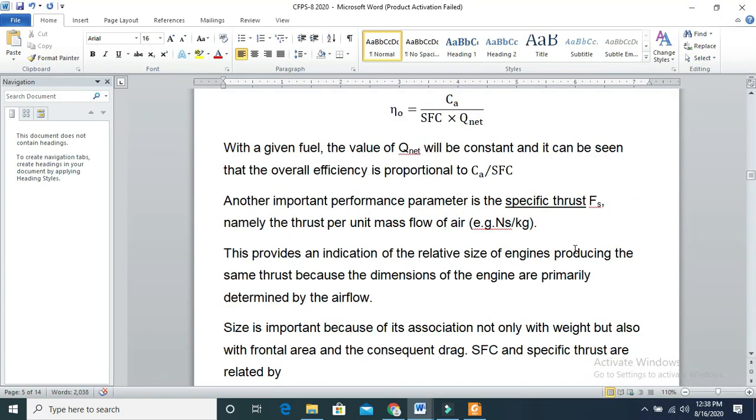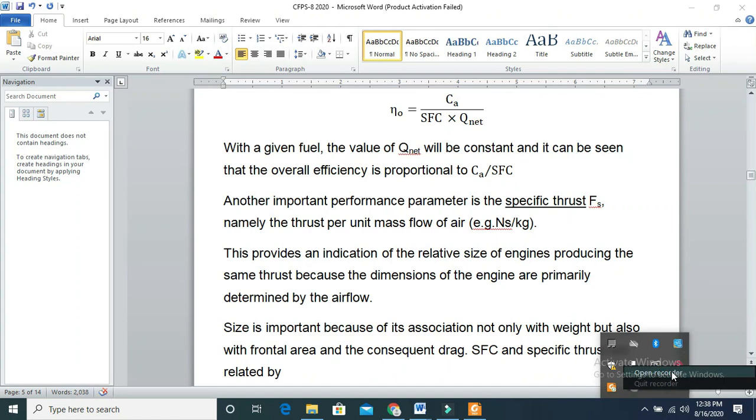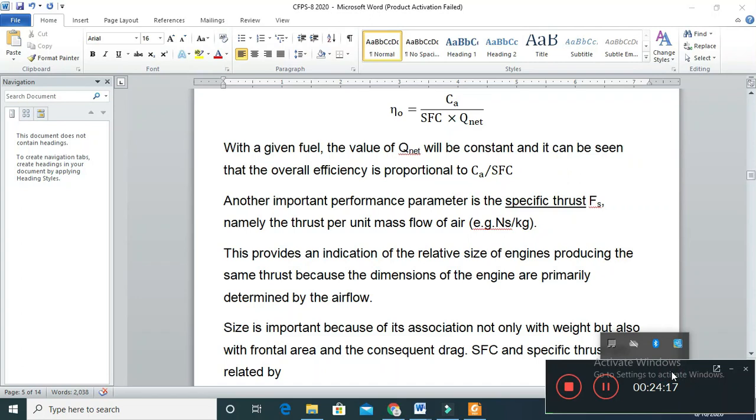specific thrust, is thrust divided by unit mass flow of air, and specific thrust is utilized for comparing different engines. We can compare the thrust divided by mass flow rate of air, because mass flow rate of air and the size of the engine are directly related.